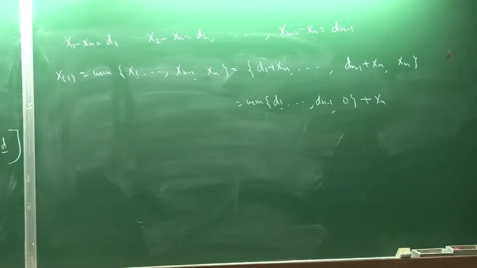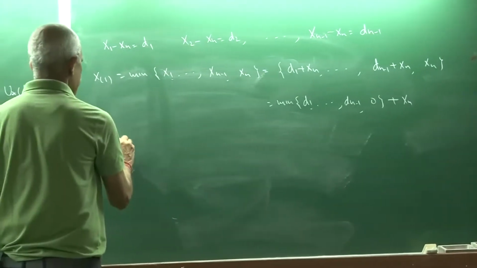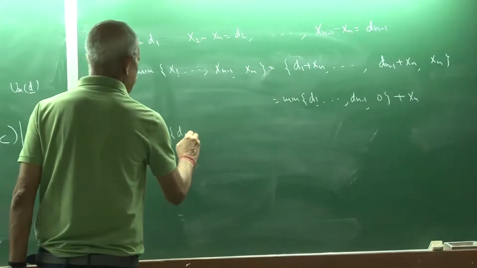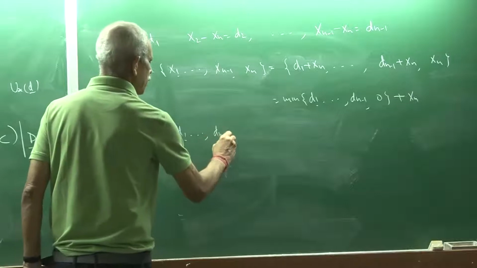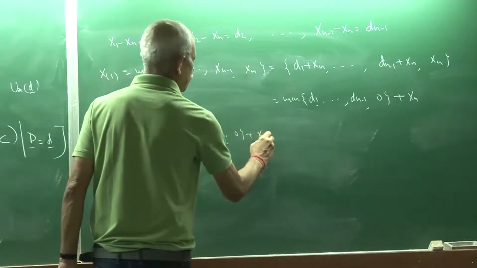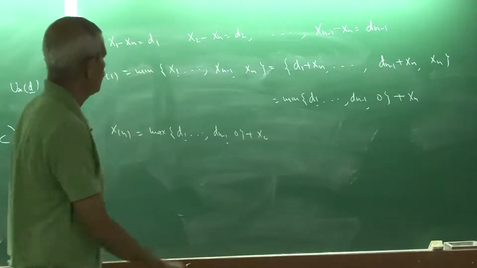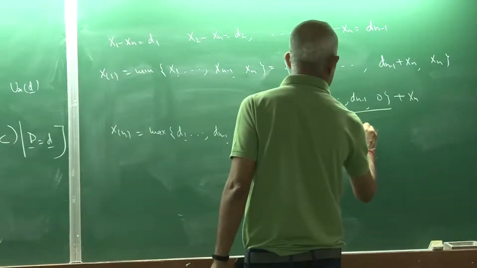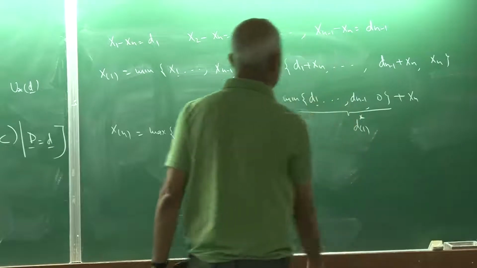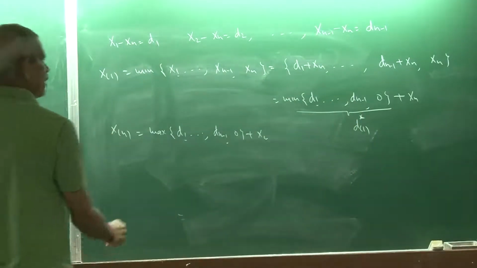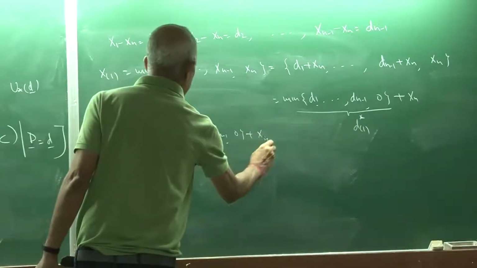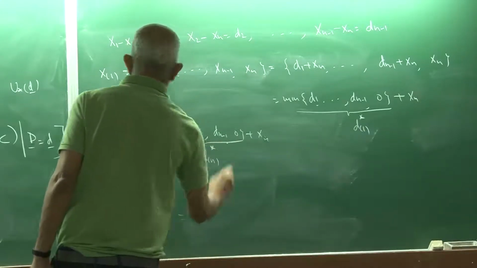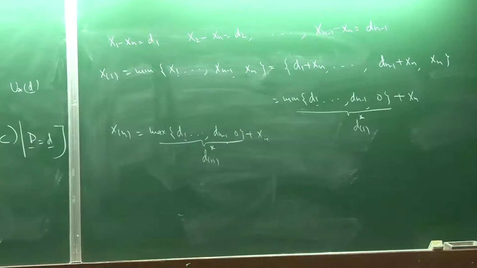By the same logic, X(n) would become the maximum of d1, d2, ..., d(n minus 1), 0, plus xn. Same way. So let me call the minimum of d1, ..., d(n minus 1), 0 as d1 star, and sorry, this would be plus xn, and the maximum as dn star. So what do you get from here?